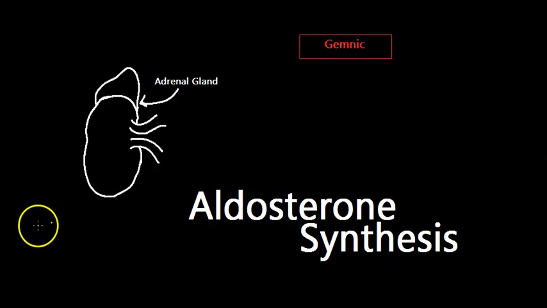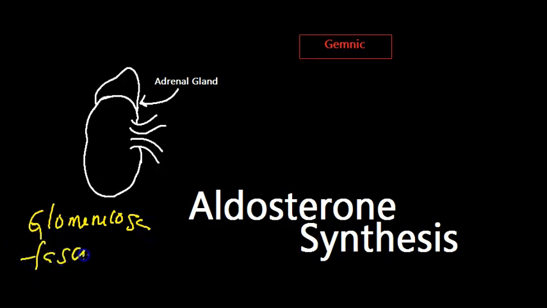The first zone is the zona glomerulosa. And we have the next one, which is fasciculata. And the last but not the least, which is reticularis.